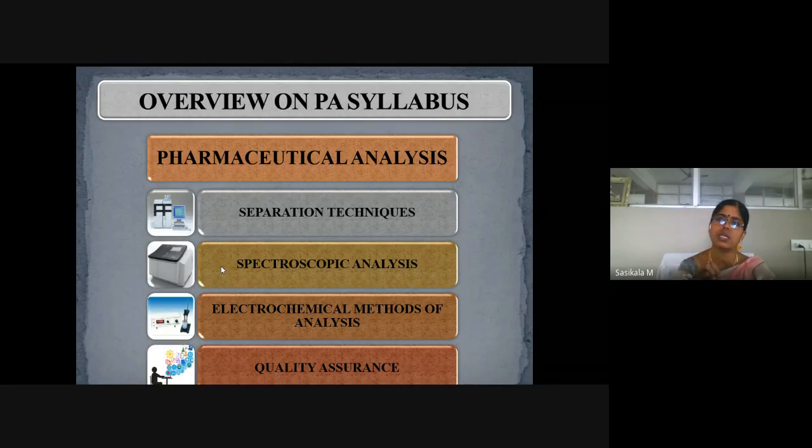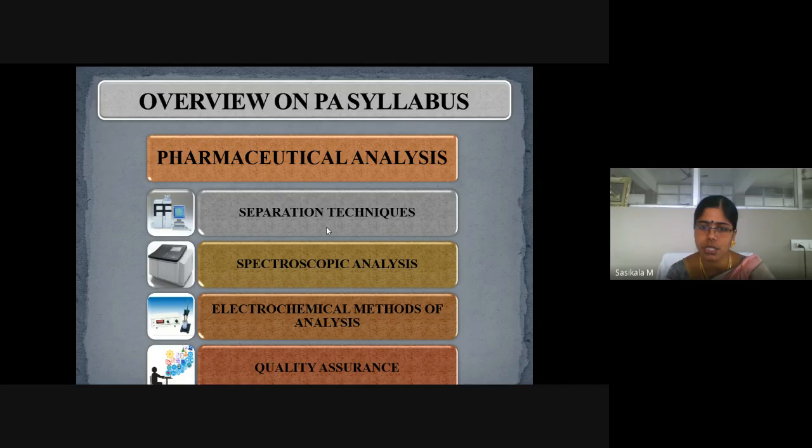We can do structural characterization with spectroscopic analysis, where we can separate the molecules into individual or pure molecules by separation technique. So combined, both the techniques will give complete information about a drug molecule.